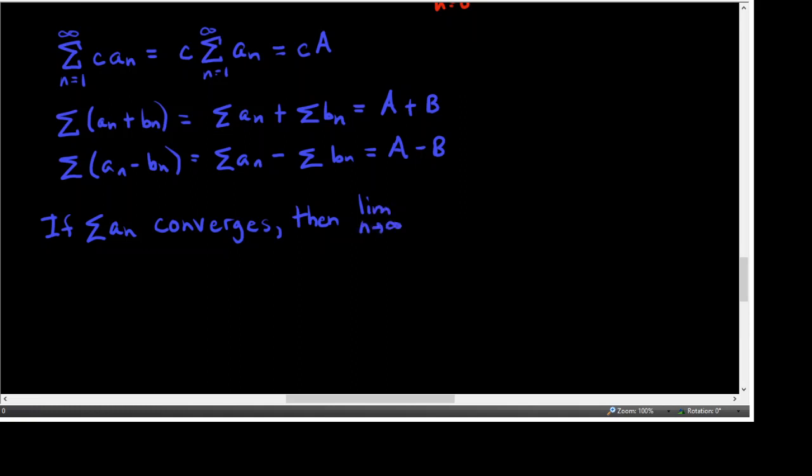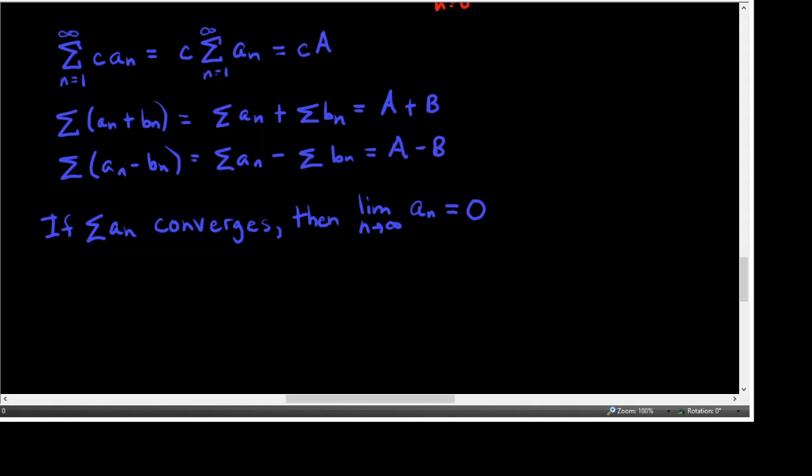So if it converges, the limit of the a sub n, remember the a sub n is the sequence that builds the series, the thing that builds the terms of the series, will have to go towards 0.